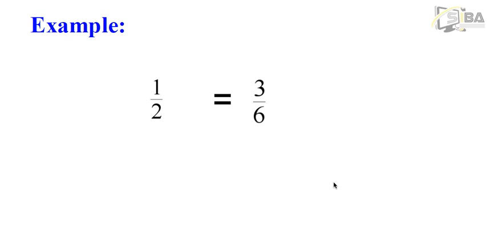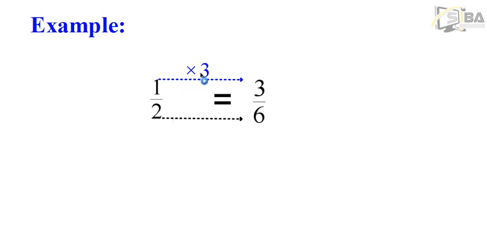Now let's look at this. 1 out of 2 and 3 out of 6, we said, are equivalent. Now what are you going to do to 1? What number are you going to multiply by 1 in order to get 3? Let's multiply by 3. So 3 times 1 is 3. And so let's do the same thing to the 2.